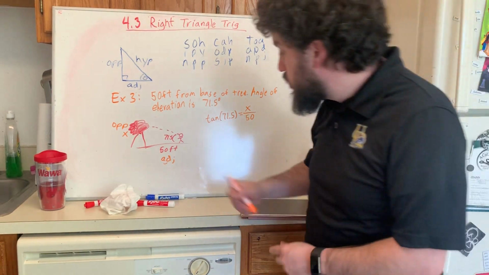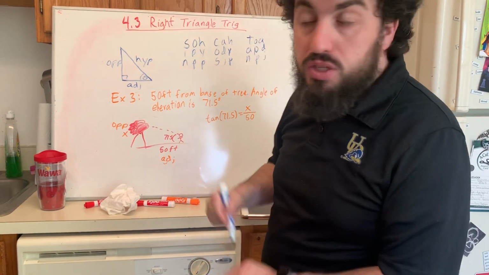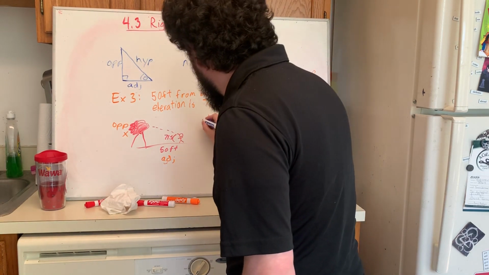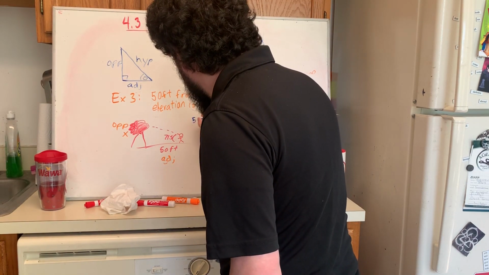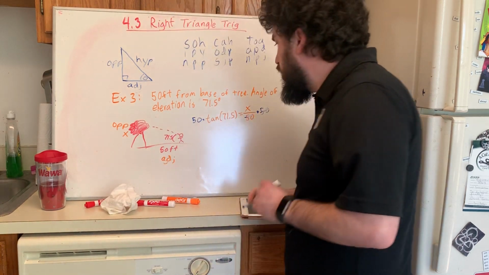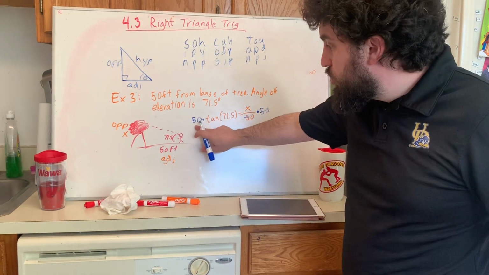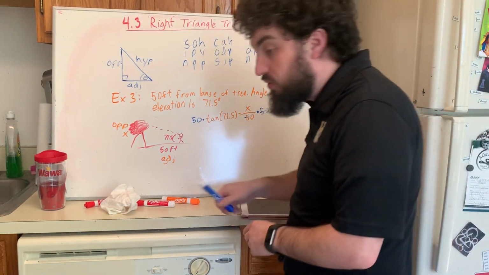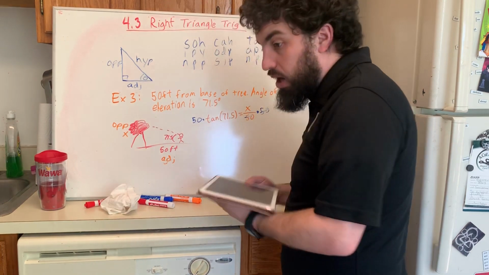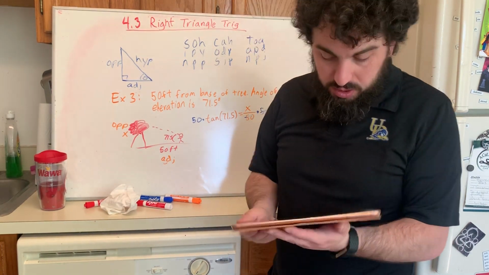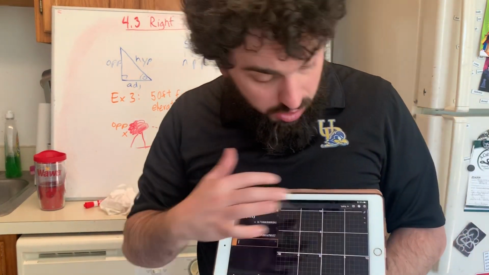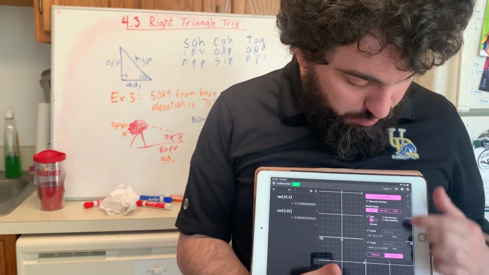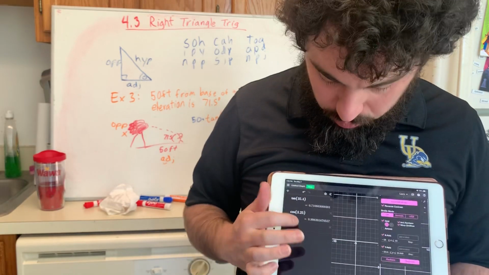To finish solving this, let's multiply both sides by 50. So those cancel out, and we're going to do 50 times tangent of 71.5. That's purely in the calculator. Just to confirm, yes, I am still in degree mode, but you can always hit the settings to make sure.